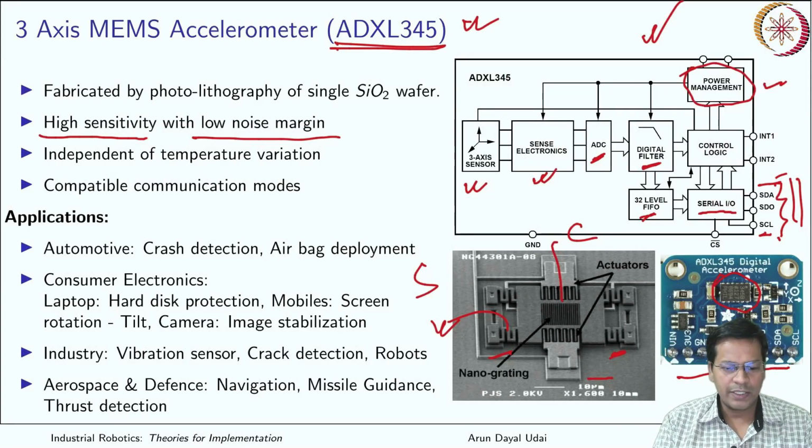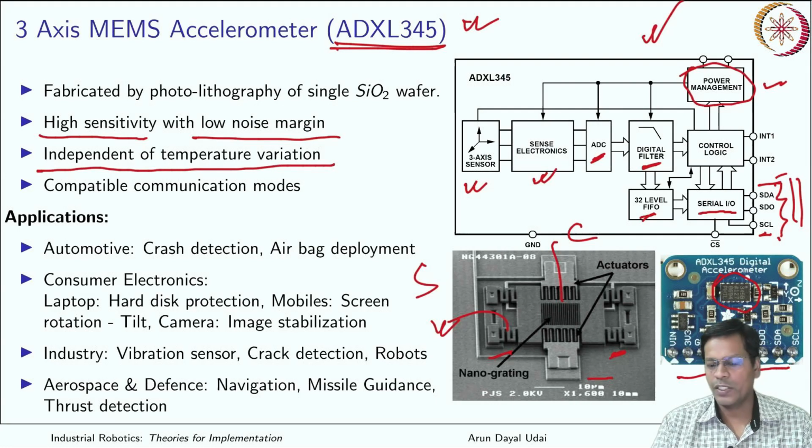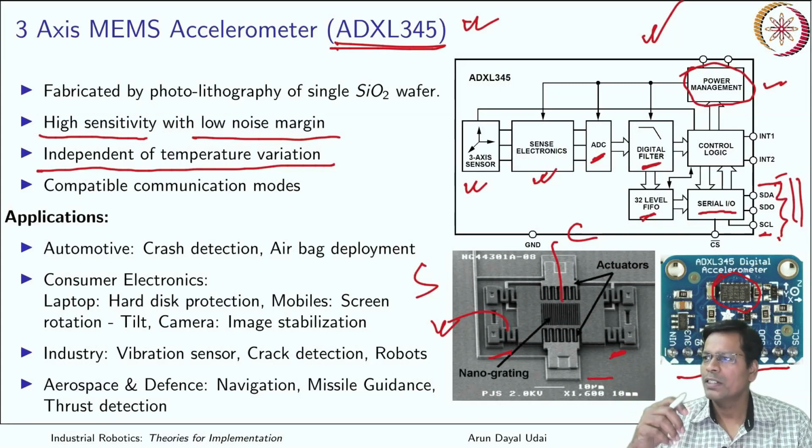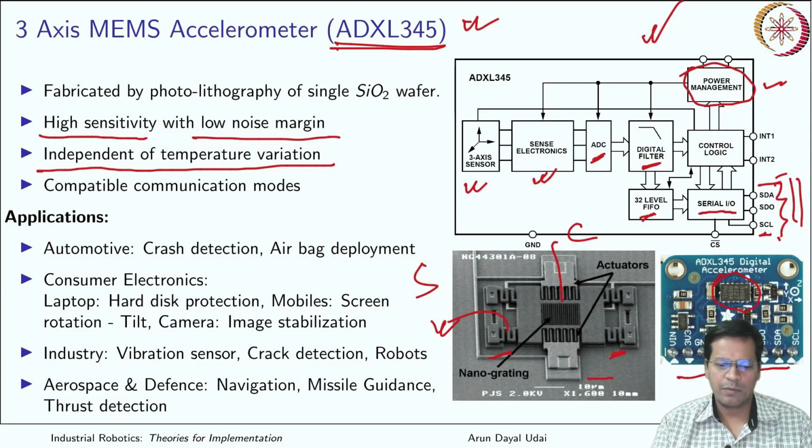They are independent of temperature variation. The circuit itself has compensation for temperature. It is compatible with multiple modes of communication. This was I2C. It can be standard serial RS-232 or 485, right? So there are multiple modes of communication which are supported.